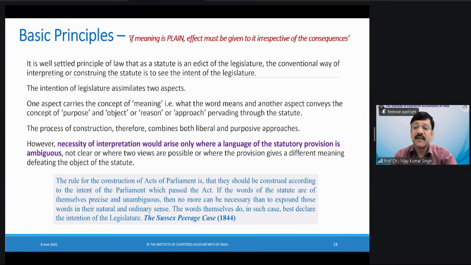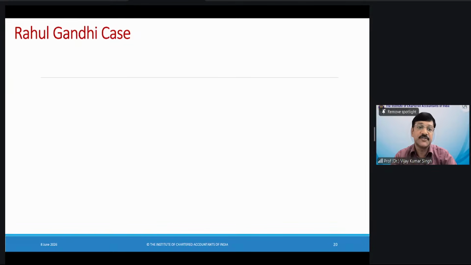And this case came into a question where the rule for the construction of Act of Parliament is that they should be construed according to the intent of the Parliament which passed the Act. If the words of the statute are of themselves precise and unambiguous, then no more can be necessary than to expound those words in their natural and ordinary sense. The words themselves do, in such cases, best declare the intention of the legislature.